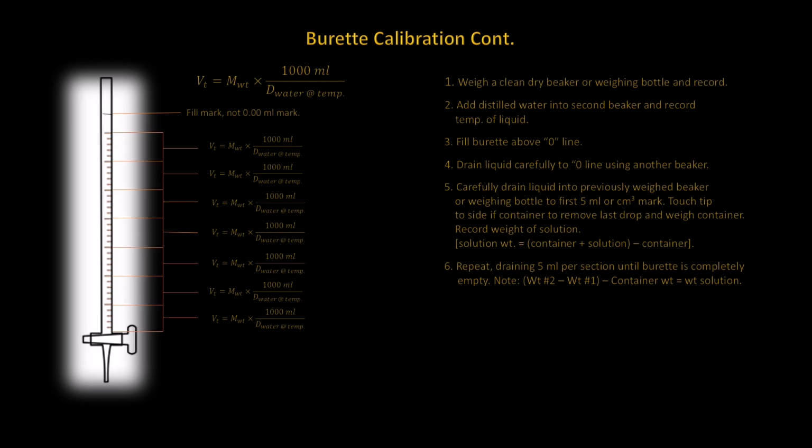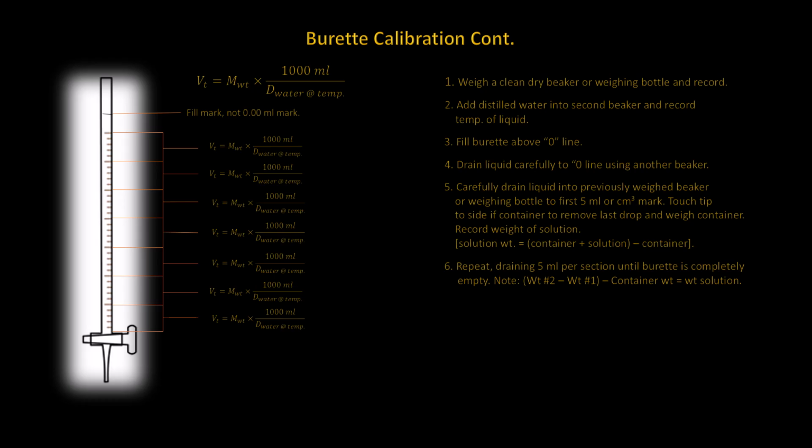However, the container with the solution will have additional solution added for each 5 mL segment. The weight of the second measurement would be subtracted from the one before it. Then the tare weight of the container is subtracted, giving us the final weight of that segment. This is the same process for the remaining segments.